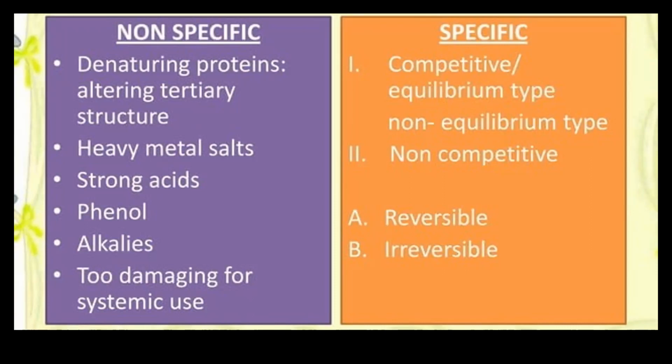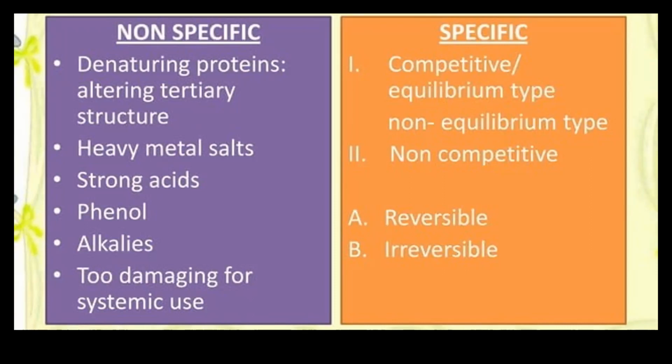If we are talking about selective or specific enzyme inhibitory activity, it is the common mode of drug action, whereas non-specific enzymatic activity is not. Selective or specific enzyme inhibitions are the common mode of drug actions.